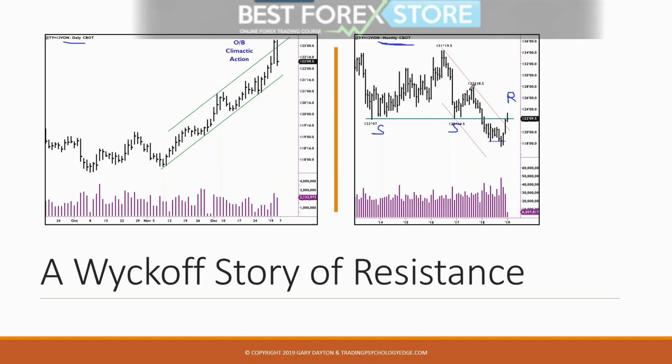Because this has been coming down and down and down for months and months and months, years, and now we're on a tear to the upside, and now we get this top reversal, climactic action in here, in the higher time frame resistance. That sets us up as a choice top reversal, okay?